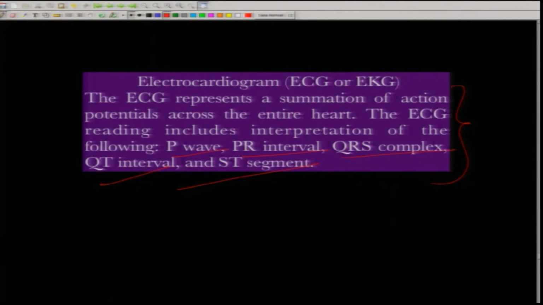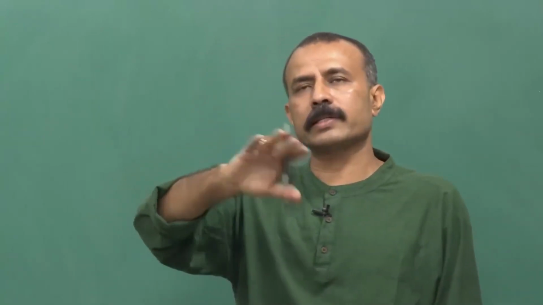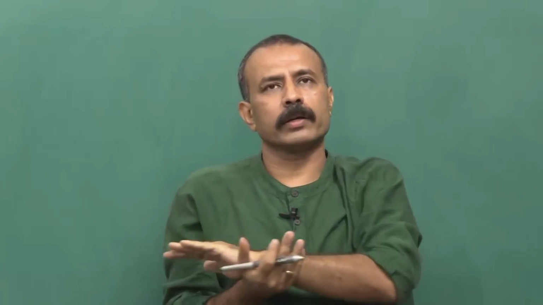So, essentially the whole heart is an electrically active unit. The electrical impulse moves from the SA node to the AV node, and in that process the electrical activity is transmitted to the cardiomyocytes and that leads to a mechanical action. So, there are two electrical events superimposed over each other which regulate the whole heart.